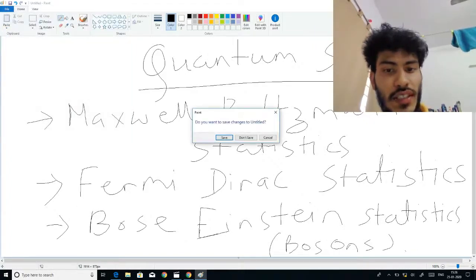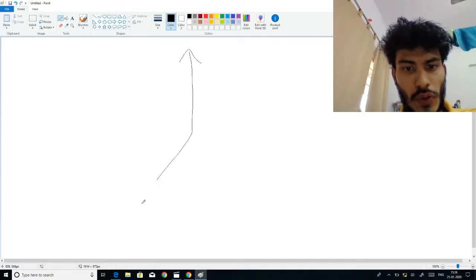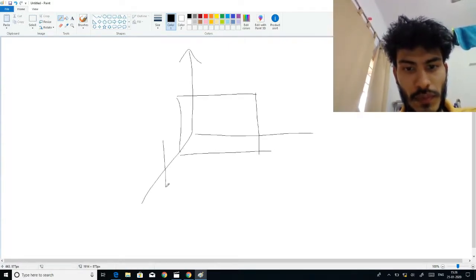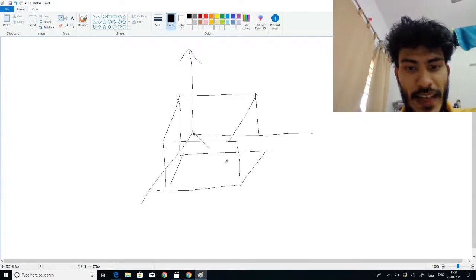So now let us look at the broader picture. We can assume that there's a three-dimensional box and there are n particles in this box.